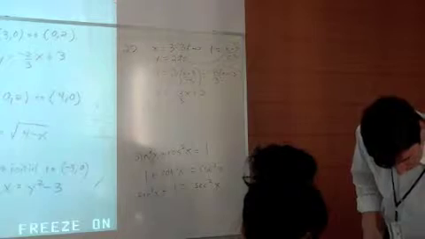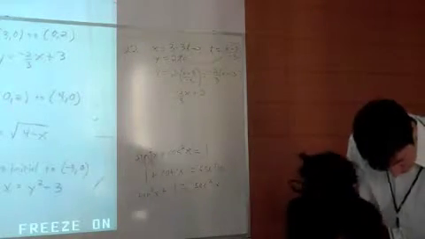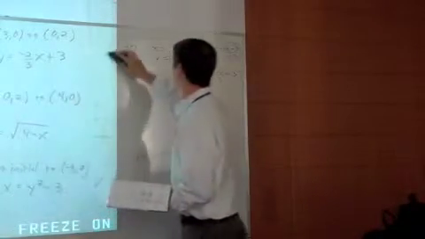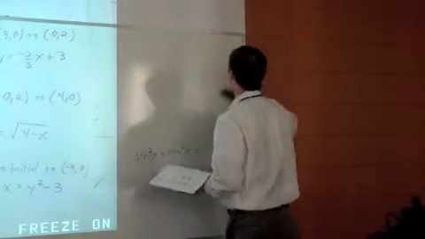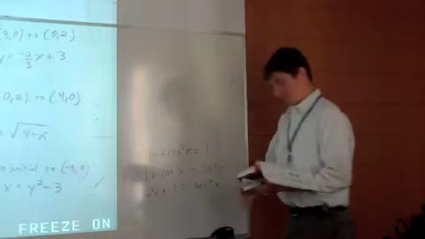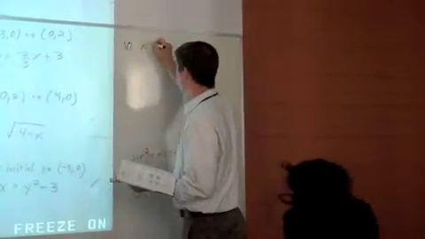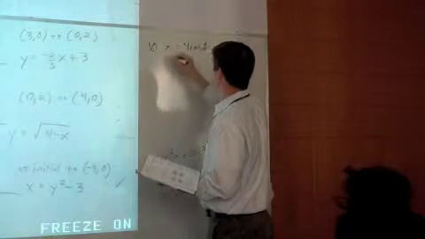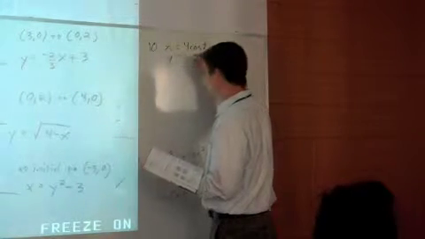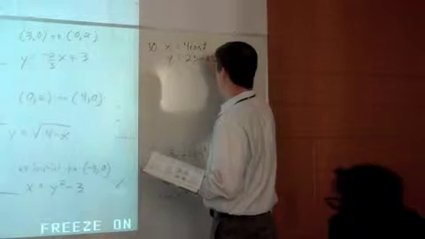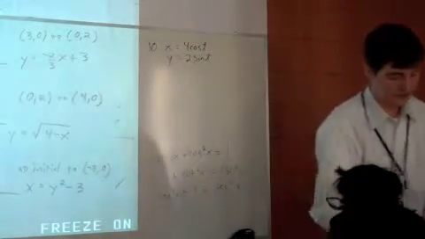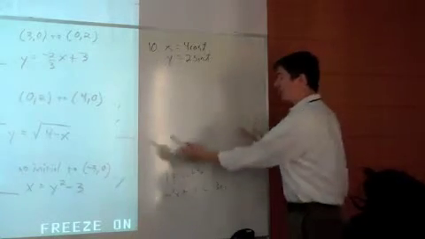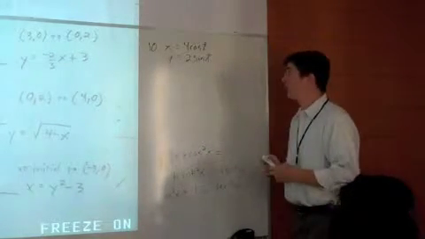And if you look at a problem like 10, if you get something like, this looks weird, x equals 4 cos t, y equals 2 sine t. The game is to turn it somehow to look something like this, if you want to get rid of the t.